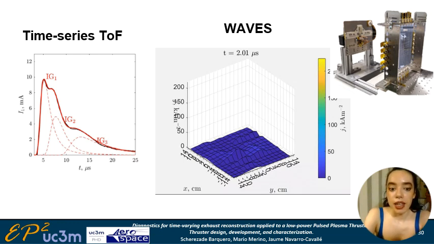In the first case, we have the isolation of the different ion populations by applying the time series time-of-flight methodology, in which we can see different ion population distributions characterized by their own mean speed, thermal spread, creation time and space location, and a divergence parameter, and also a magnitude, for a specific charge-to-mass ratio.